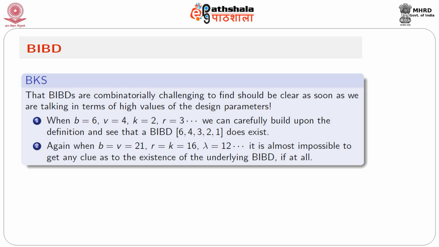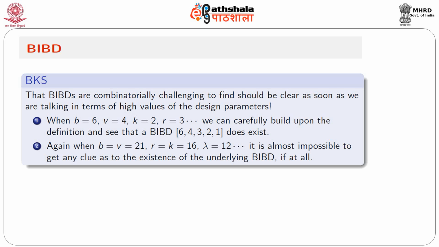Take all pairs of treatments. Again, when b equal to v equal to 21, r equal to k equal to 16, lambda equal to 12, it is almost impossible to get any clue as to the existence of the underlying BIBD if at all. Of course, we can verify the parametric relation, namely bk equal to vr, that is trivial, and lambda into v minus 1, which is 12 times 20, which is 240, r into k minus 1 is 16 times 15.